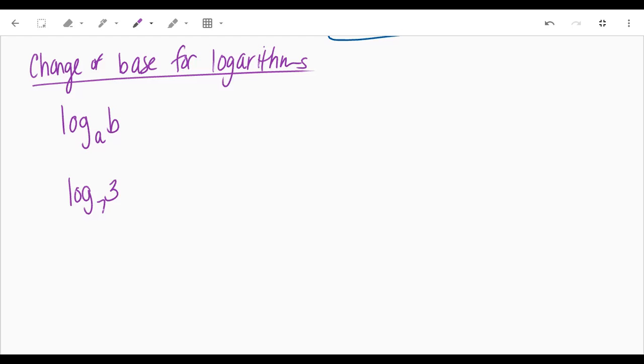So this is a property here: log base a of b equals log base c of b over log base c of a. And the good news is you can pick c. Most conveniently, c would be 10.